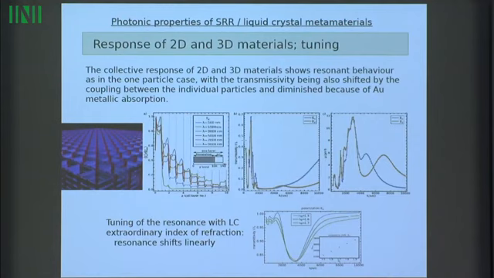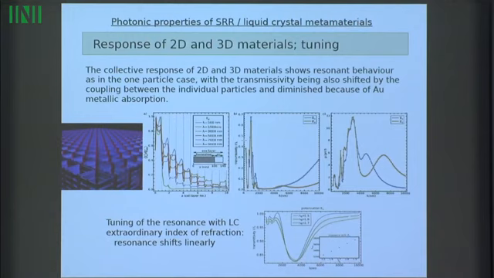So here's the electric field inside of the crystal, squared actually, and also normalized. For various different wavelengths, what we see is basically exponential decay because of the absorption inside of the golden particles.